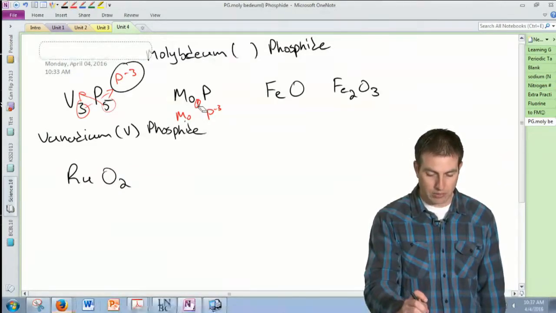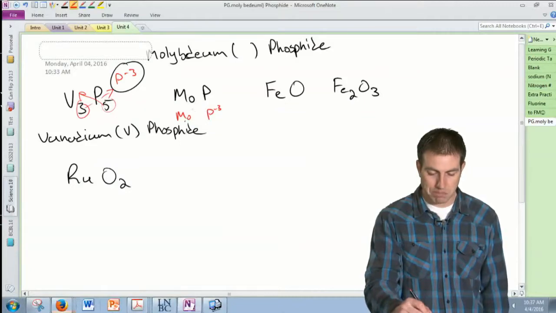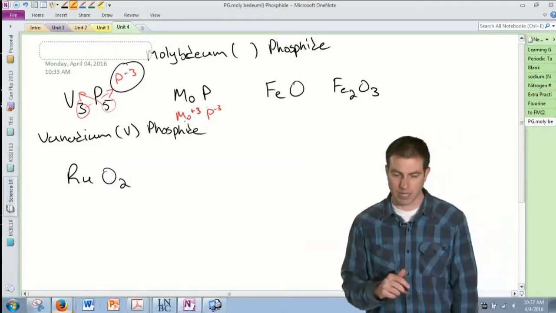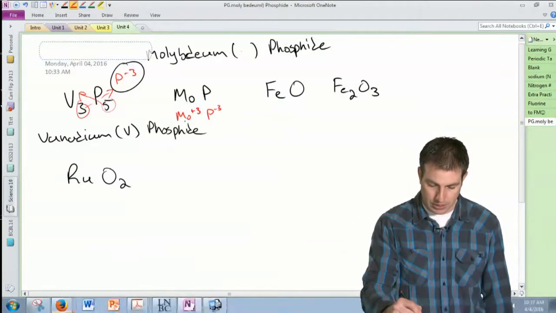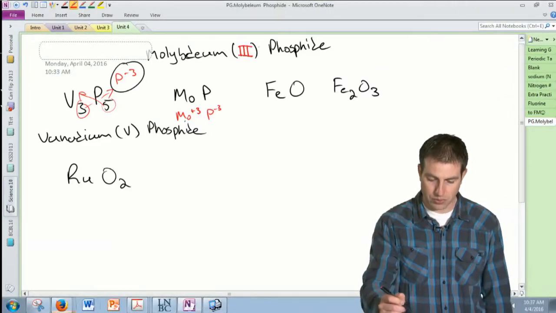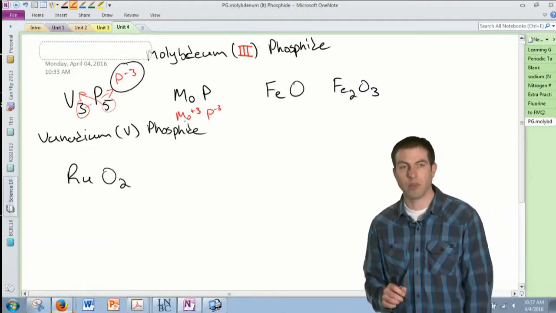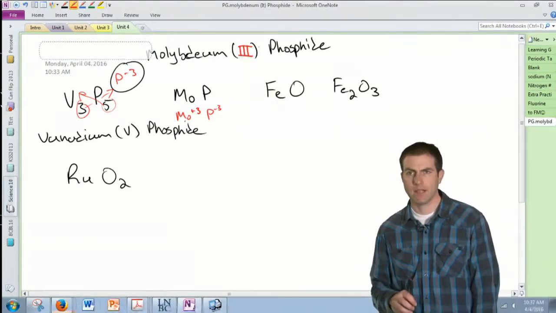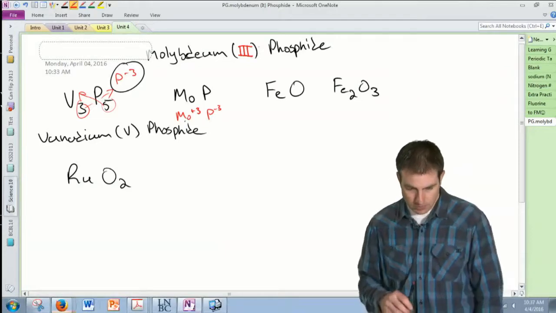What charge does it have to balance it out? It must have a charge of +3. Because if it had any other charge, the charges wouldn't balance. So molybdenum, in this case, has a charge of 3. Molybdenum 3 phosphide. So we need to be careful there.